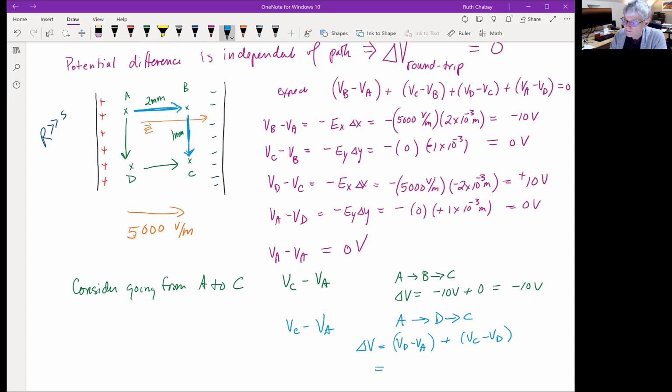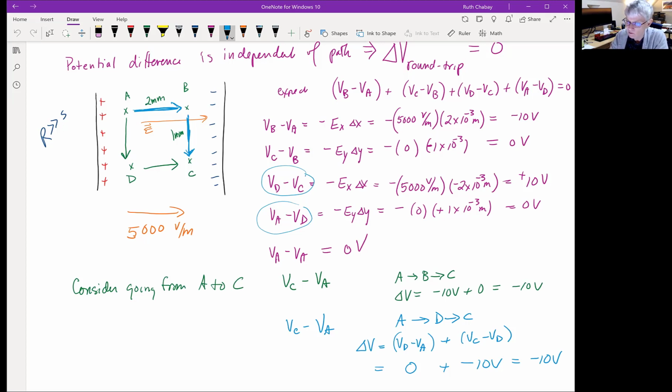Well, we know that going from D to A gave us 0 volts, so that's going to be 0 volts the other way. We know that we have VD minus VC, so we know the potential difference going from C to D was plus 10 volts, but we're going the other way, so we're going to get a minus 10 volts here. And so we get a minus 10 volts.